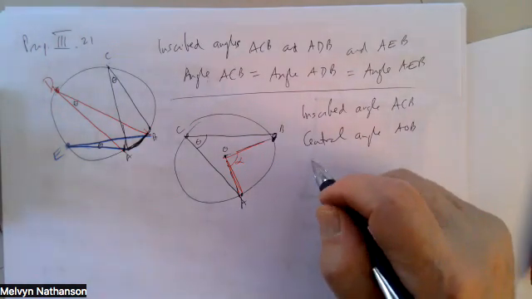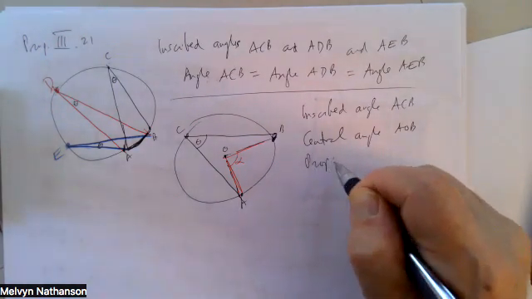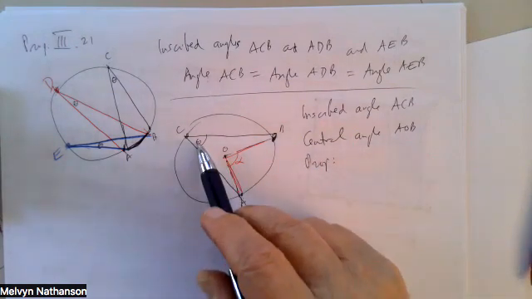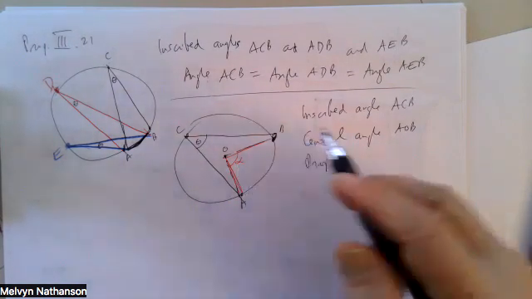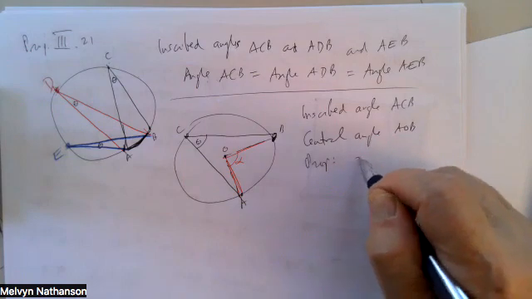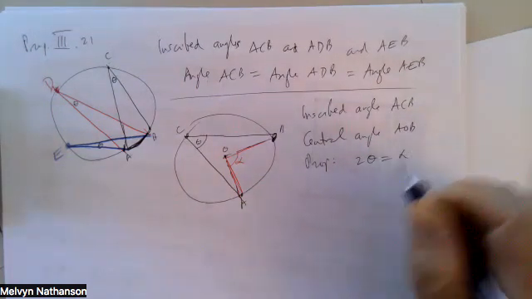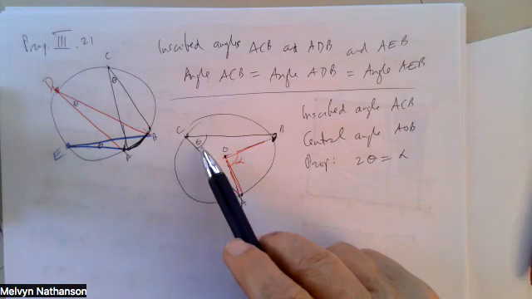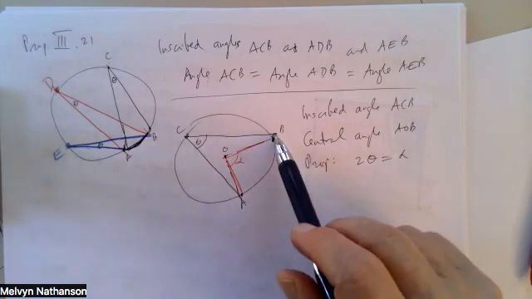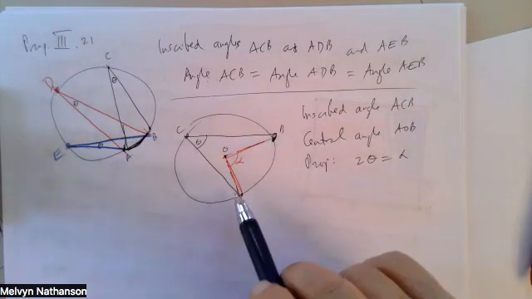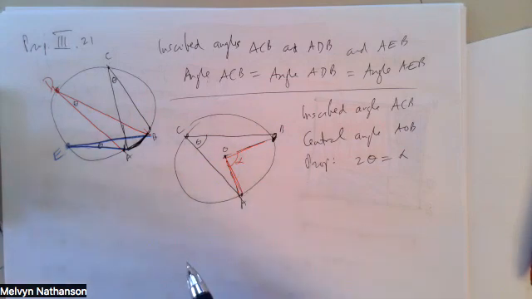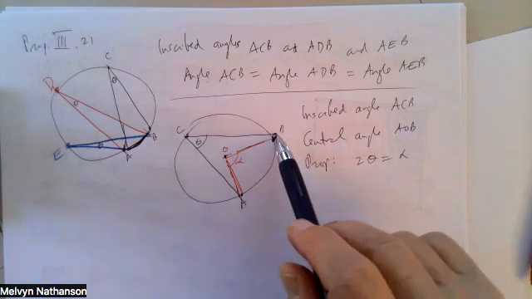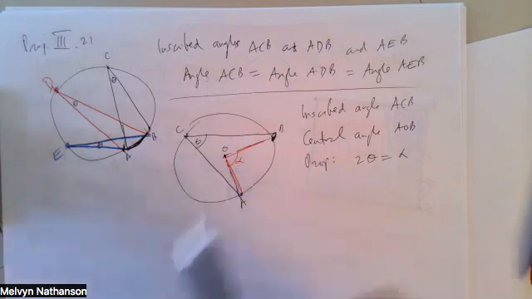And the theorem says, or the proposition says, that angle theta is half of angle alpha, or 2 theta equals alpha. So an inscribed angle is half the size of the corresponding central angle. Right? So if you have any inscribed angle, it's half of the central angle.